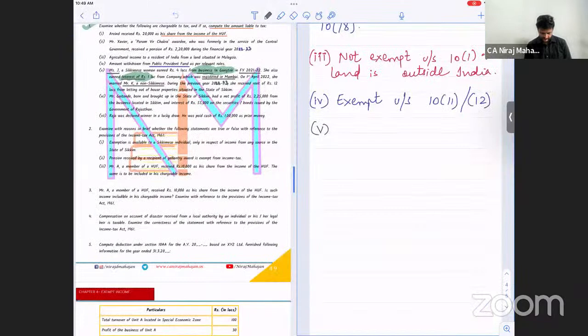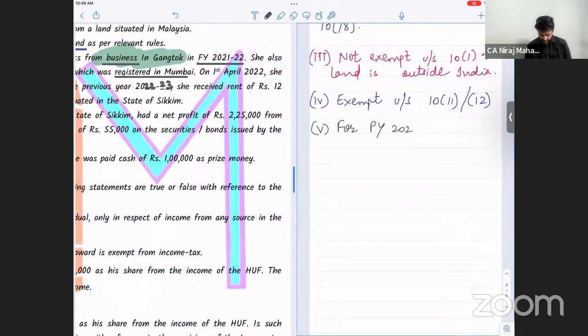For financial year first. You know, FY is PY only, okay? PY, previous year. 21-22. For PY 21-22, Miss J is a Sikkimese individual.